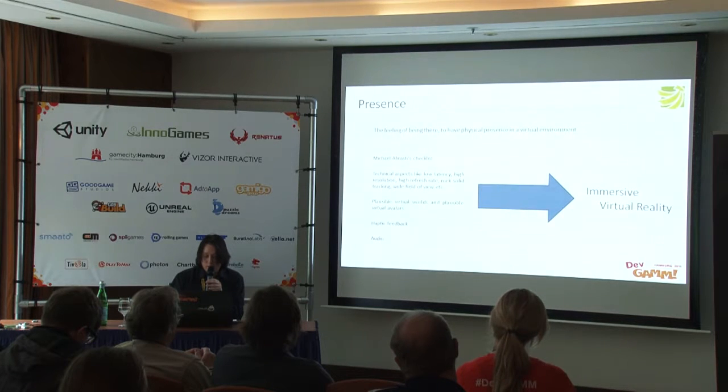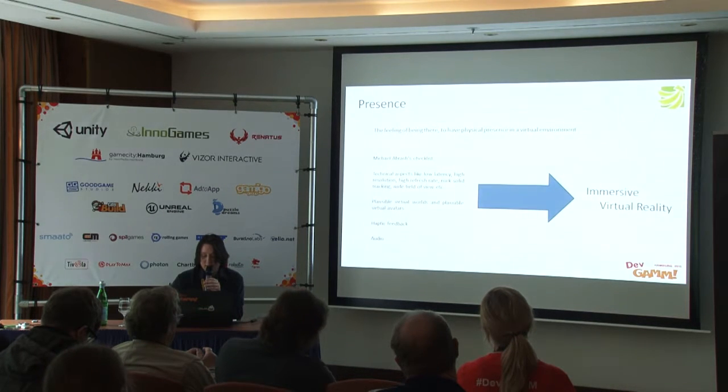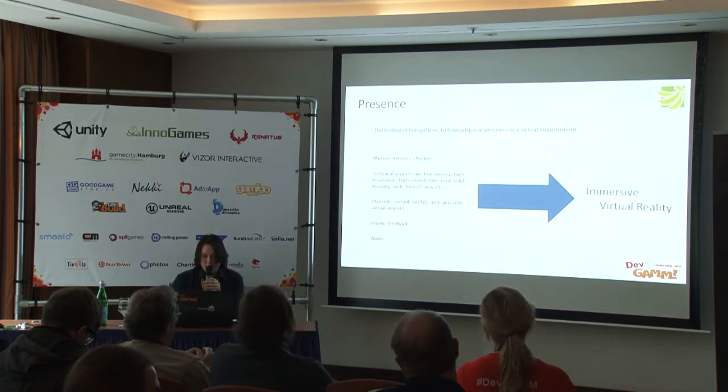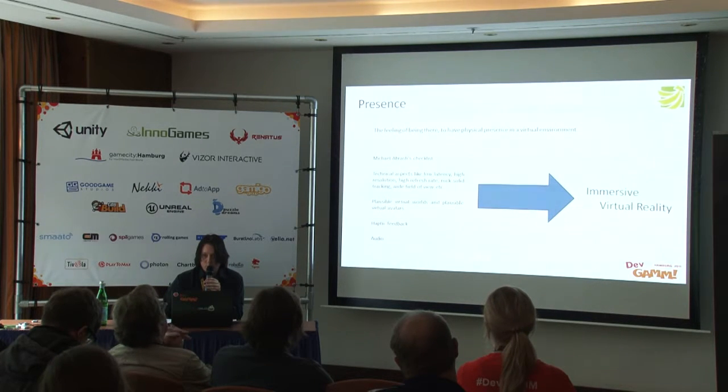So how can we achieve presence in virtual reality? Michael Abrash, the chief scientist of Oculus, made a kind of checklist of technical aspects needed for presence, like low latency, high resolution, high refresh rate, rock solid tracking, wide field of view, etc. But we also need plausible worlds and plausible avatars.